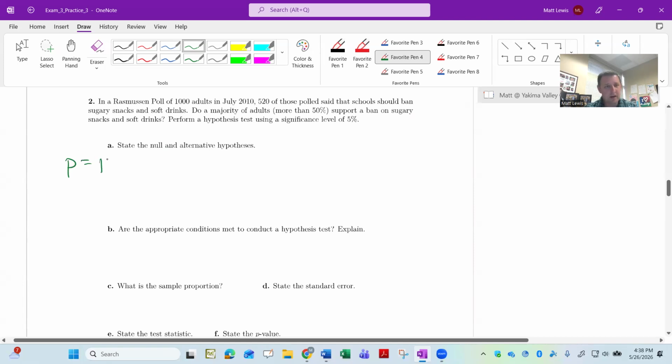So P is the proportion of adults who favor banning, and just for the sake of brevity, let's just say junk food. Let's just include sugary snacks and soft drinks.